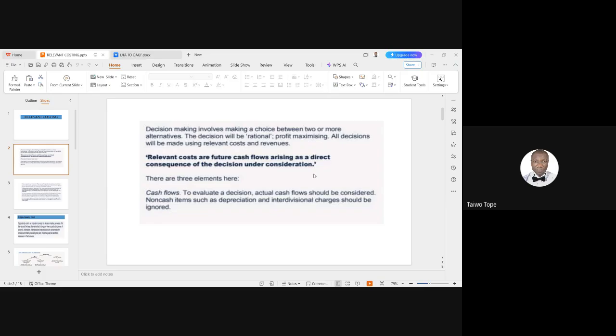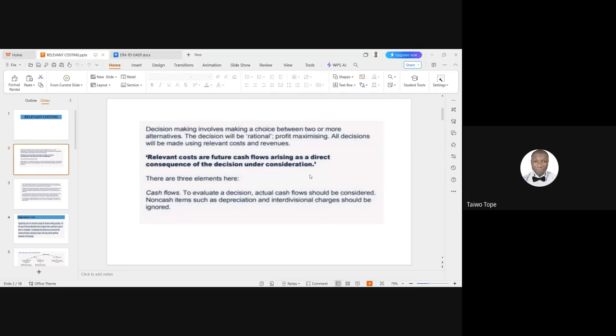So the point is this: relevant cost is used when an organization undertakes a one-off project or receives a one-off contract or a special order. So the fact that you are receiving that order, what are the decisions you have to make? What costs will you incur in relation to that?